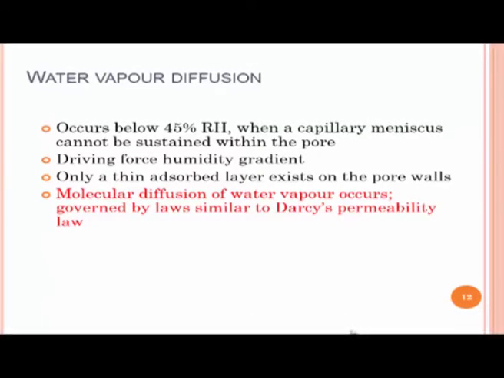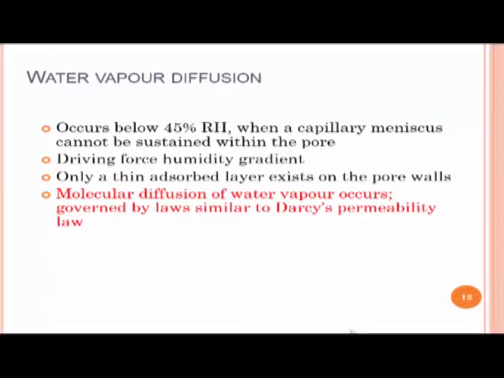In the case of water vapor, partial pressure is the same as relative humidity. So, humidity difference is the driving force. Now, molecular diffusion of water vapor is governed by laws similar to the permeability law, which we will talk about a little later when we look at Darcy's equation for water penetration. So, water vapor diffusion can also happen in the system, but we are not concerned with that for normal concrete.